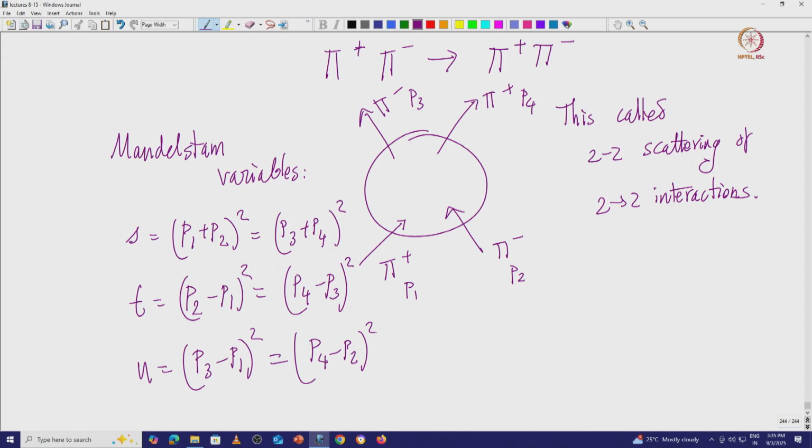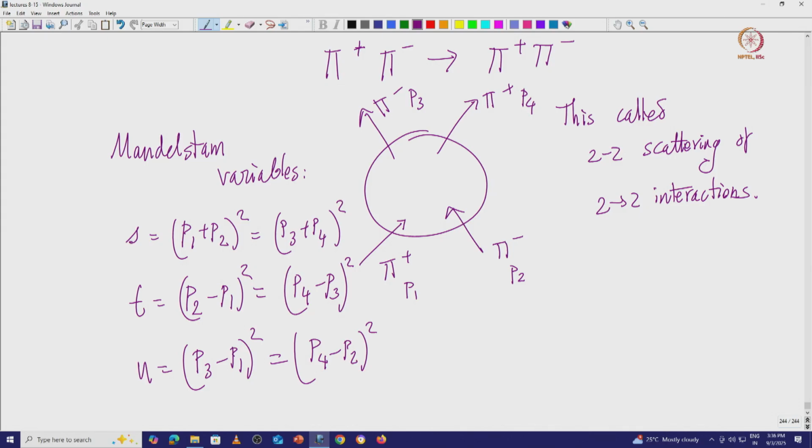So, these are the only 3 possible exchanges in a given 2 to 2 process, and they satisfy a relation. Remember P1 square is equal to M1 square, P2 square is equal to M2 square, P3 square is equal to M3 square, P4 square is equal to M4 square. Remember that all of them are 4 different mass squares.